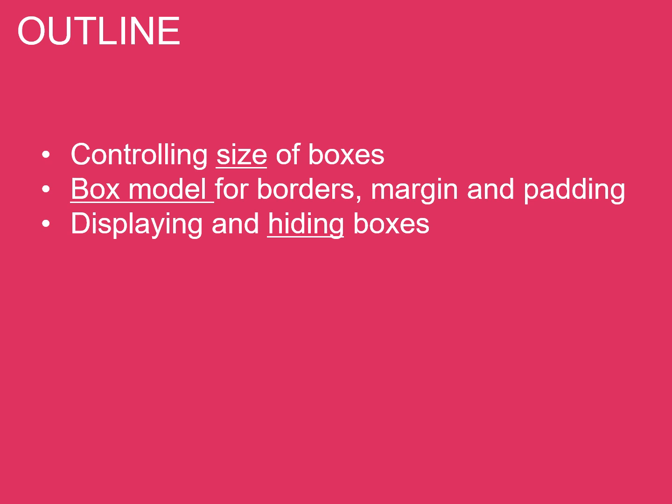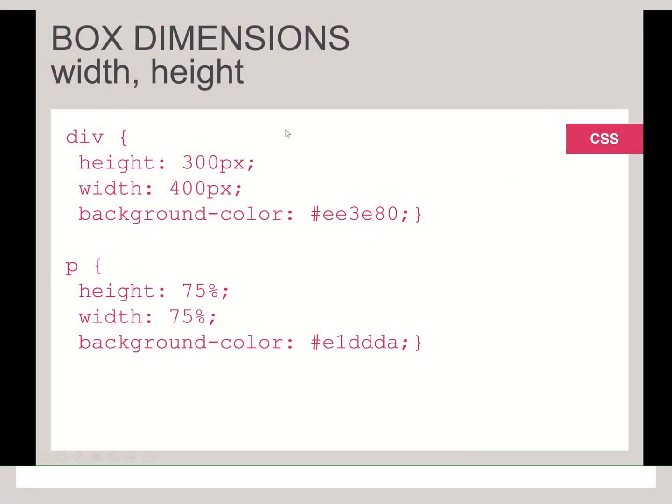Let's start with the first one, controlling size of boxes. Here we talk about the two properties of a box, the width and the height. In fact, we can set the width and height based on the property with the same name, width and height. For example, here we define the width and height for a division, and also the height and width for a paragraph.